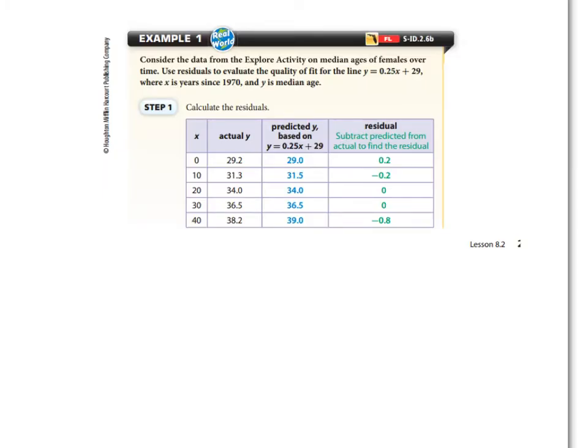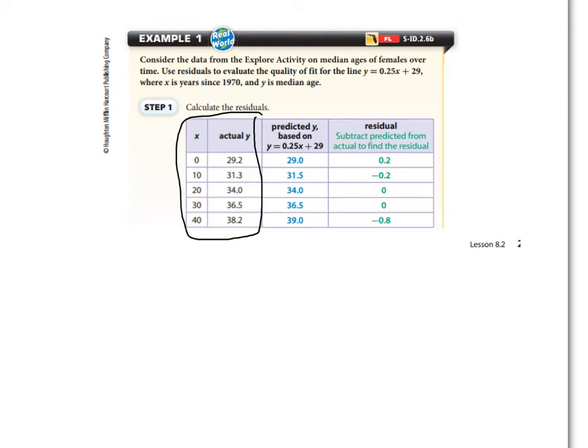So example 1, they've walked you through an example of finding residuals. The first 2 columns are directly imported from the table. So if you look back at our Explore activity, you'll notice we changed the years from 1970 to 2010 to the years 0, 10, 20, 30, and 40. So we just replaced them here.